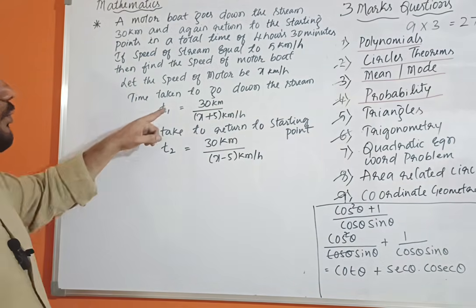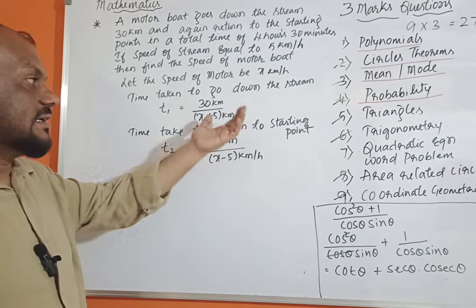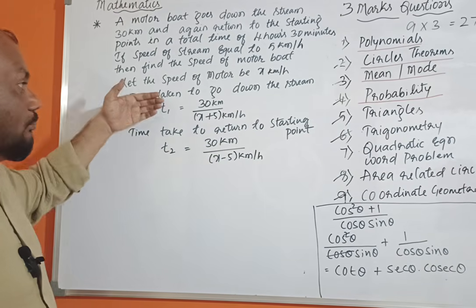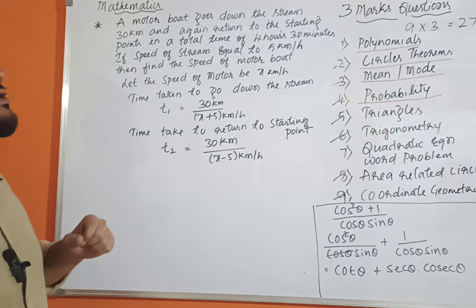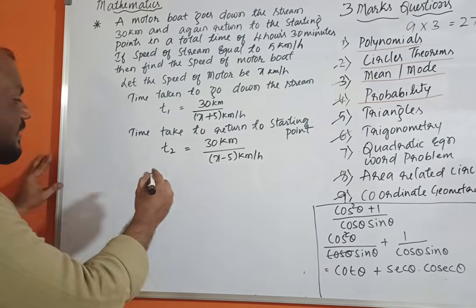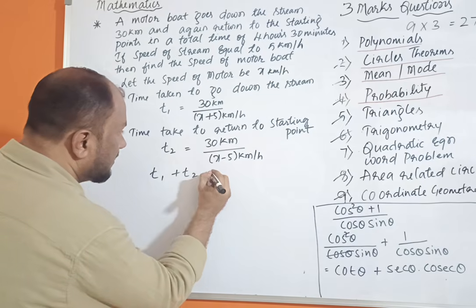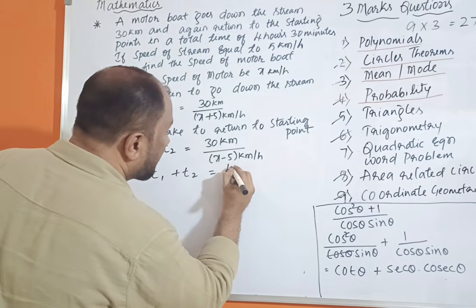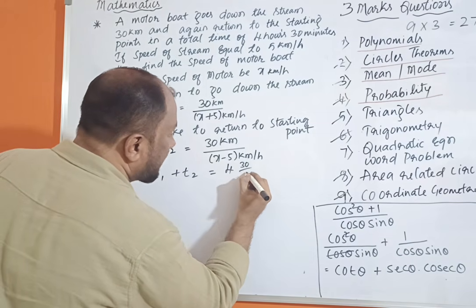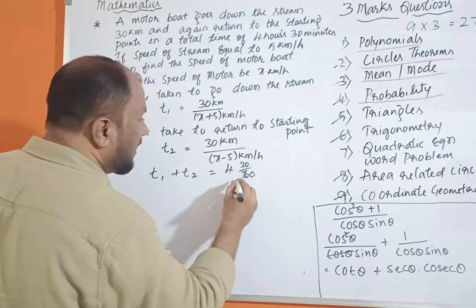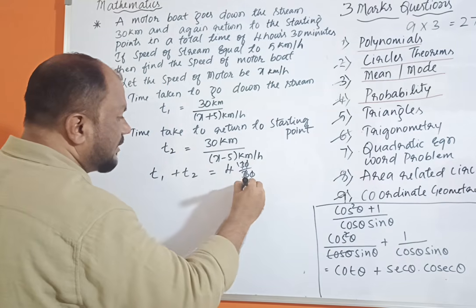So now to go downstream and return back to the starting point, both together, the time is how much? 4 hours 30 minutes. T1 plus T2 is equal to how much? 4 hours 30 minutes should be expressed in hours. 30 divided by 60, 0, 0 cancel, 3 one time, 3 two times.